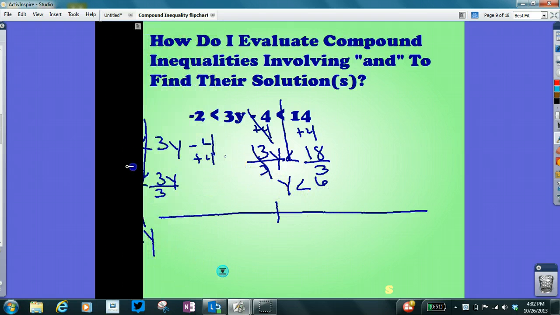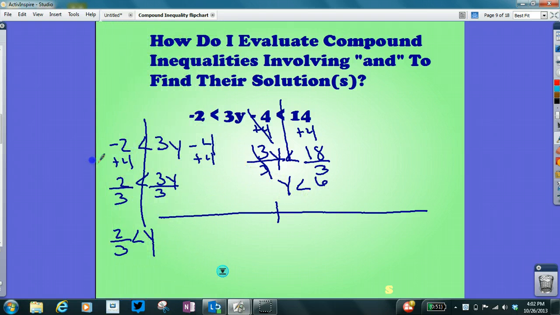So now let's pull this back out to where I can see both of the things I've come up with. I'm going to start here with my 0, 1, 2.